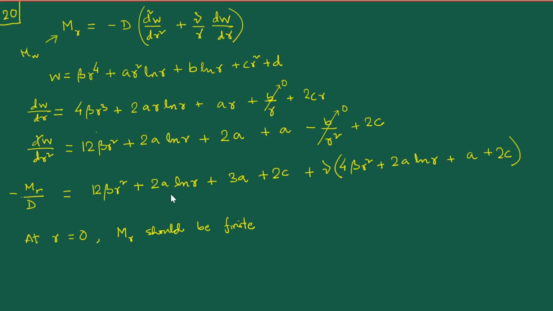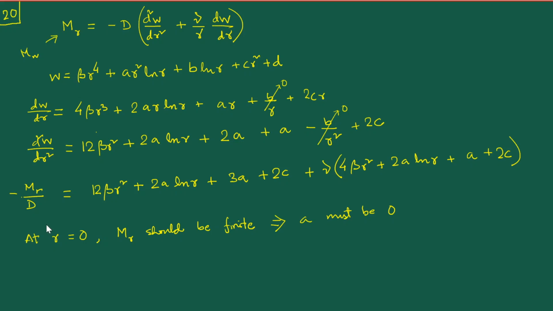If you consider this term here, this here is a, and you note here the other ln r term that also has the a in front of it. You can't say anything about this given Poisson's ratio. 2 is just 2. So the implication here is that a must be 0, because if a is not 0, then this ln r here and this ln r here is going to make this mr tend to infinity, and that is not acceptable.